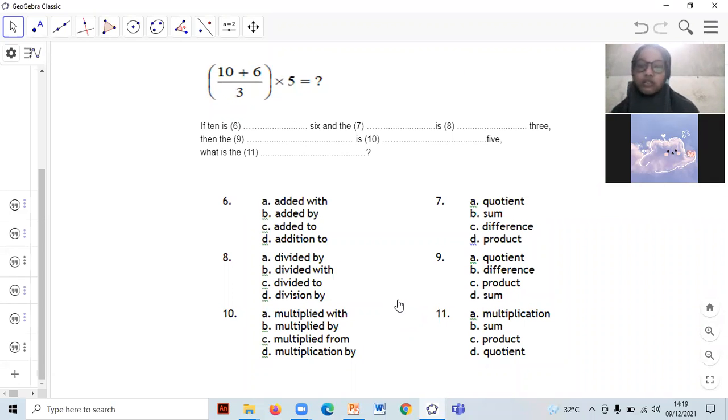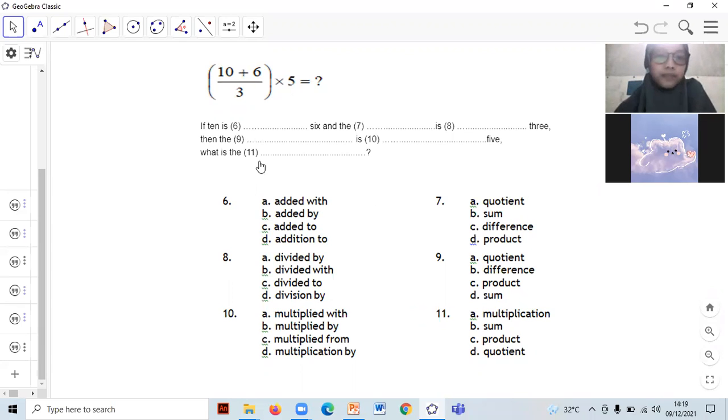Now we can practice together to answer questions. Here there are multiple choice questions, and we will choose one correct answer for number 6, 7, 8, 9, 10, and 11.